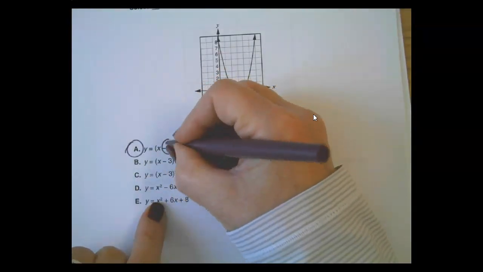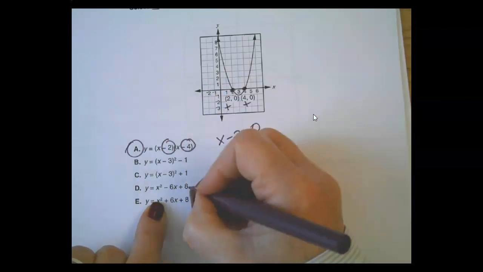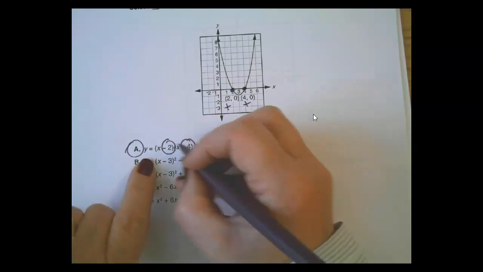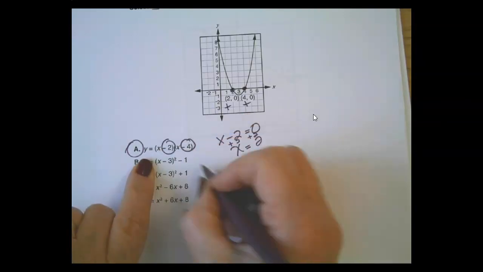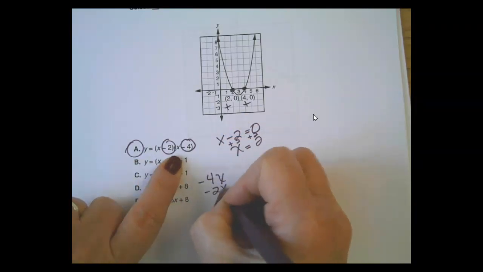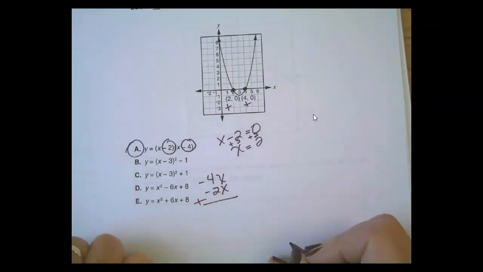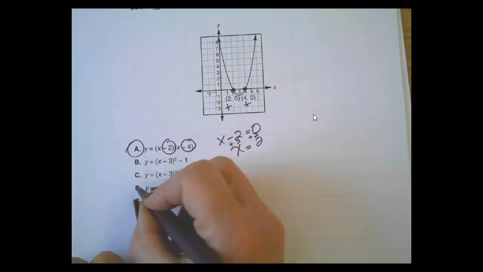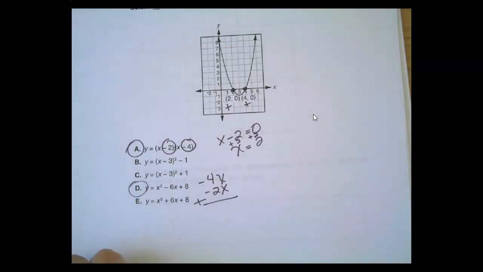So this times this is a positive 8, so that didn't help, right? But you should know x times x is x squared. But eventually you're going to say negative 4x and a negative 2x added together when you FOIL is going to give me a negative 6x. So the answer is D.